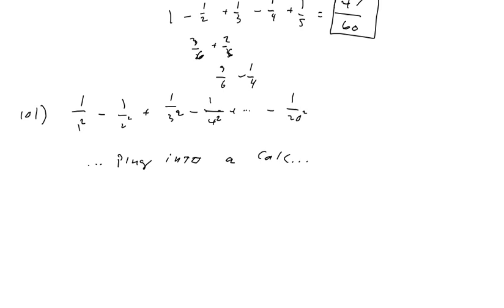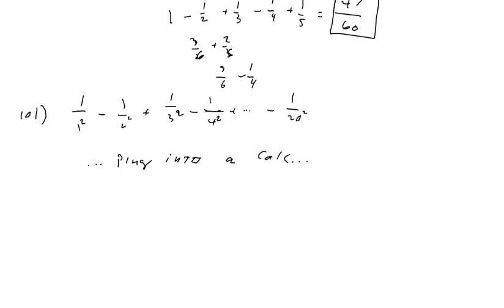There's lots of calculators online. Desmos is a good calculator. It has a calculator option, not only graphing but also can do calculations. Let me show you what happens here.